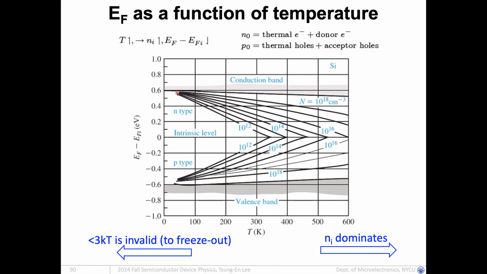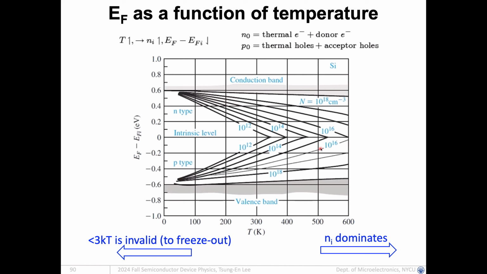At freeze out, the position should be halfway between the conduction band and the donor level, and that is opposite for the p-type semiconductor.